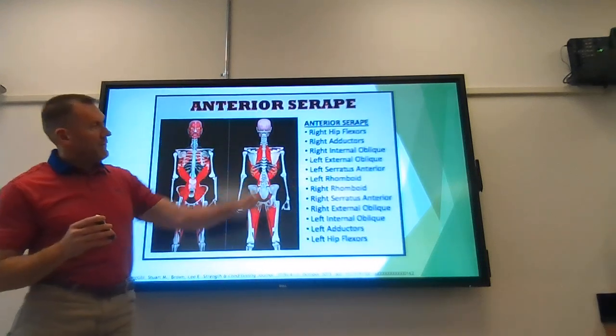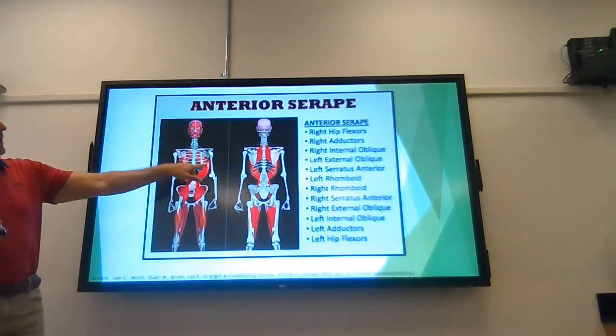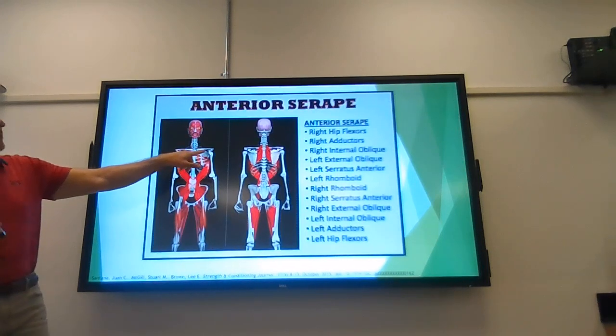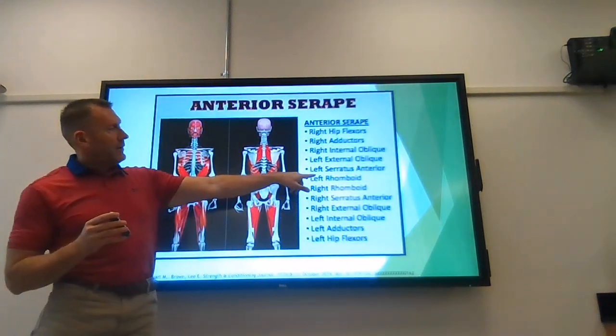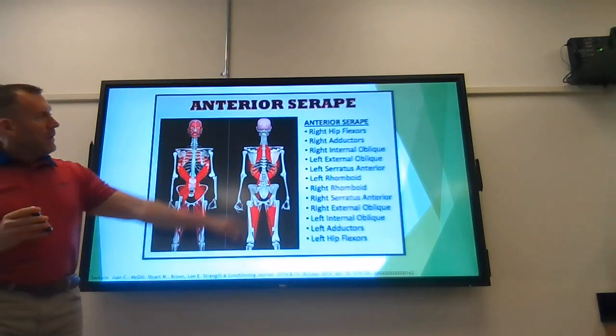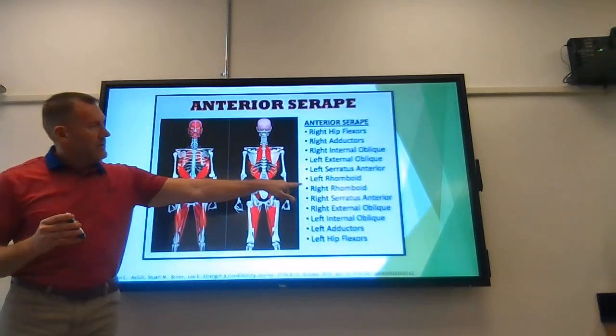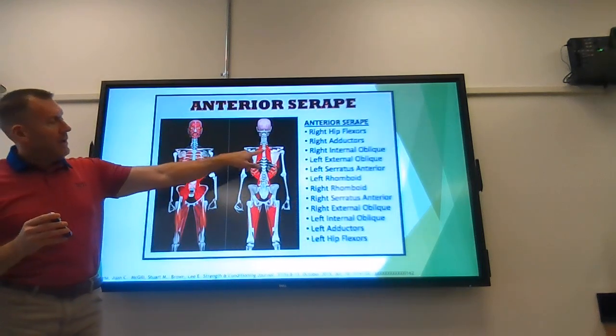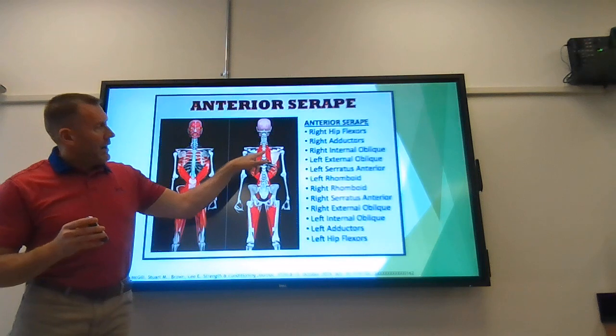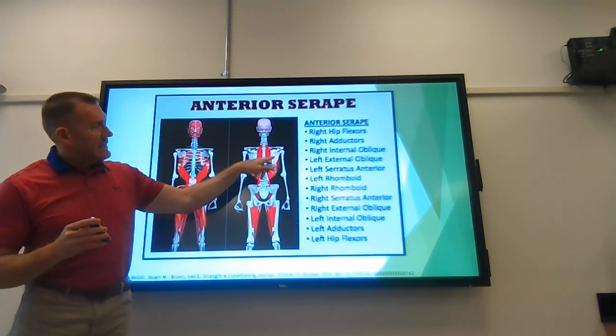Up to the left serratus anterior. It's going to be right here. And then around to the back side of the body, to the left rhomboid. So that's going to be right here, the left rhomboid. Then over to the right rhomboid. And then from the right rhomboid to the right serratus anterior.